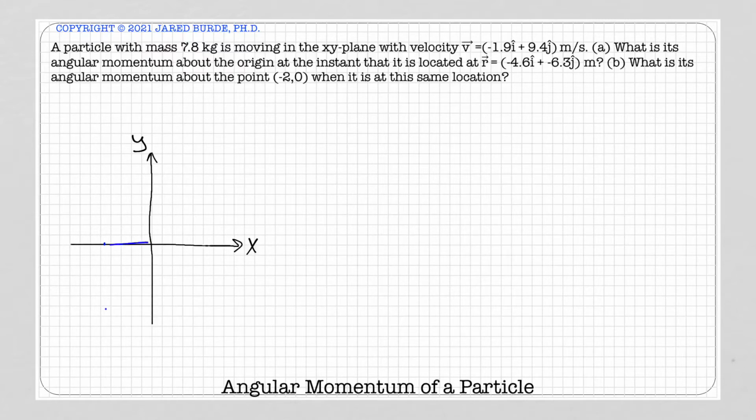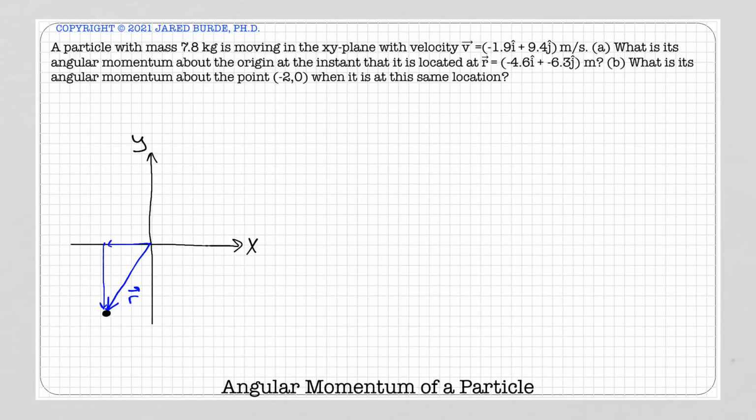And so we have these components, and that gives us an overall position vector that looks something like that. And that is indicating the location where the particle is at this instant.